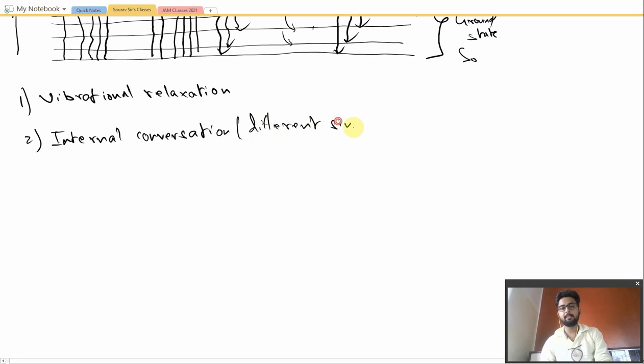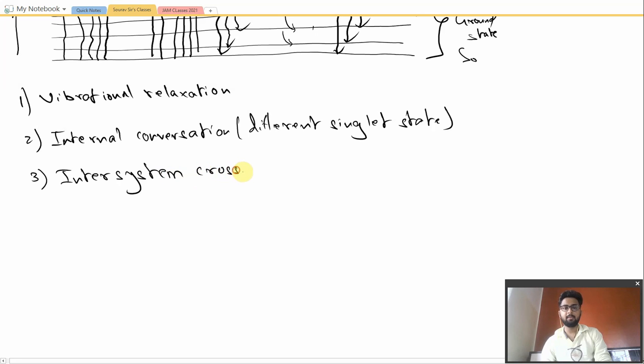Next is inter-system crossing, between singlet and triplet state.